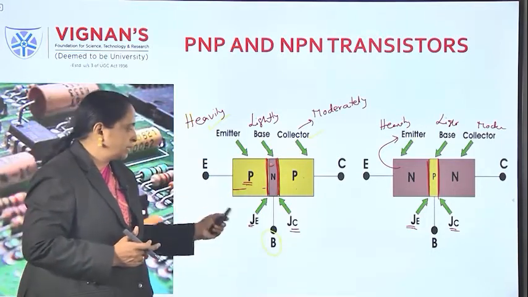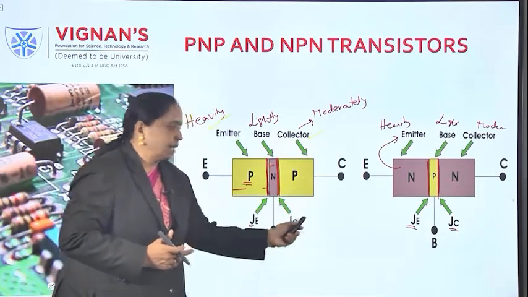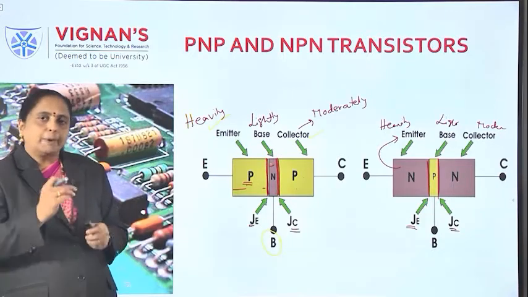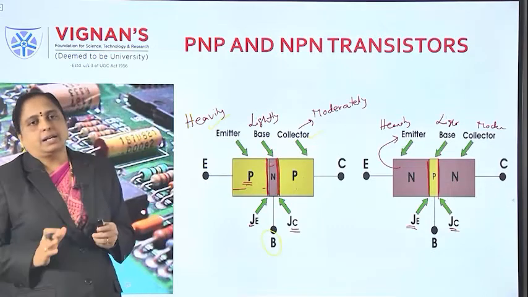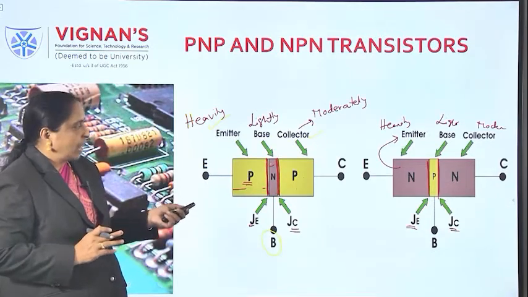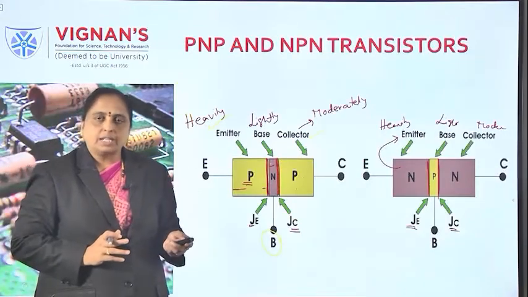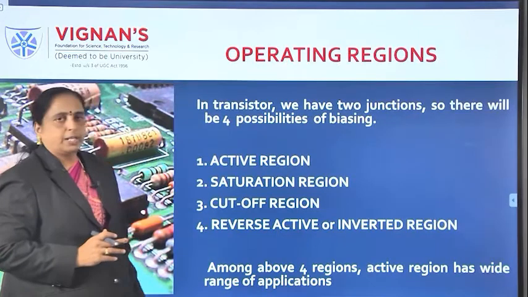Between emitter and base, JE may be forward biased and JC reverse biased, or both forward or both reverse biased. Depending upon the application, we will change the biasing connections. So under this we can calculate the transistor current equation as well as specify certain applications.